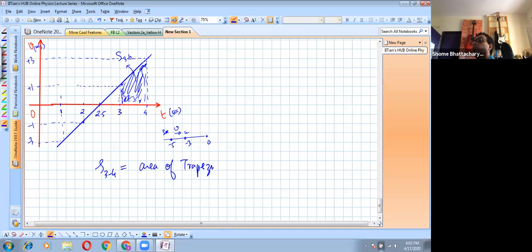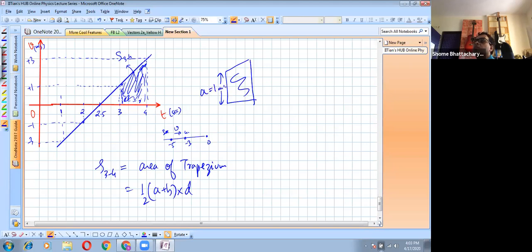So for the area of trapezium, I'll use the standard formula. It is half into the sum of parallel sides, into the perpendicular distance between them. I'm just drawing this trapezium separately over here for you to understand. So this trapezium has this side, let's say A, that is equal to how much? It is this height, so it's 1 meter per second.